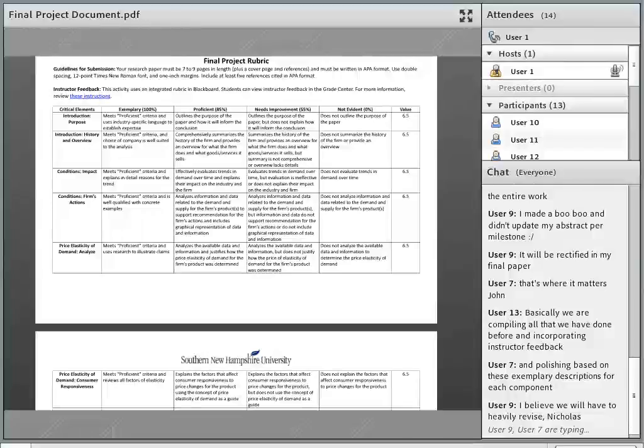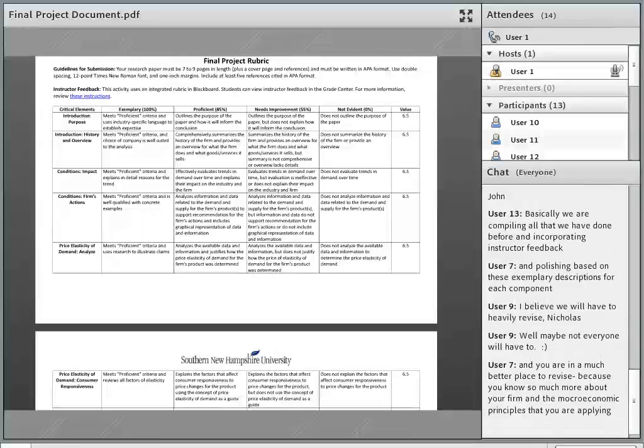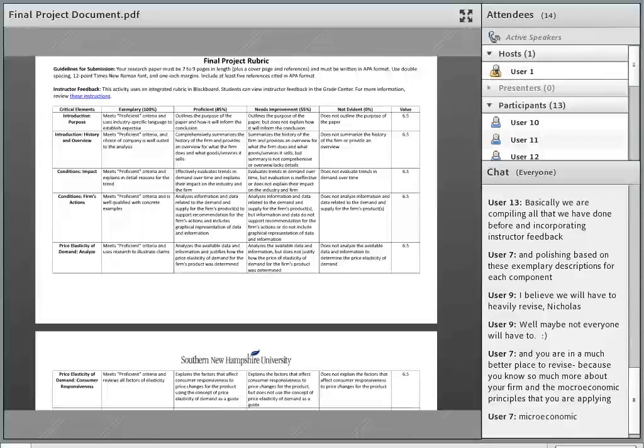This way it will be a little bit more specific to your paper, because that sentence I said, this paper will analyze supply and demand, I could just change the name of the company and it would be the same for every single student. So this is where you're going to make it a lot more specific to your firm and the overall industry that your firm is in. So that's a pretty clear-cut way of how to make that pivot that you'll be very, very well prepared to do now that you've done all your research.